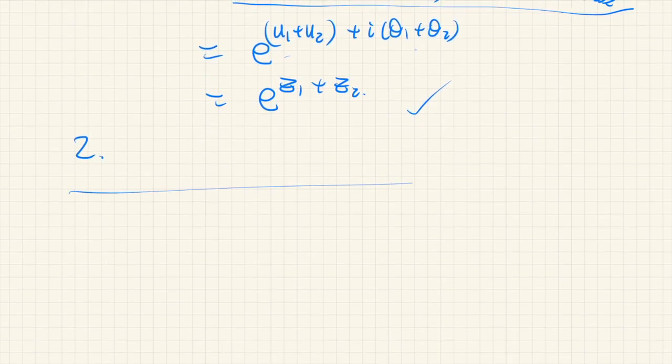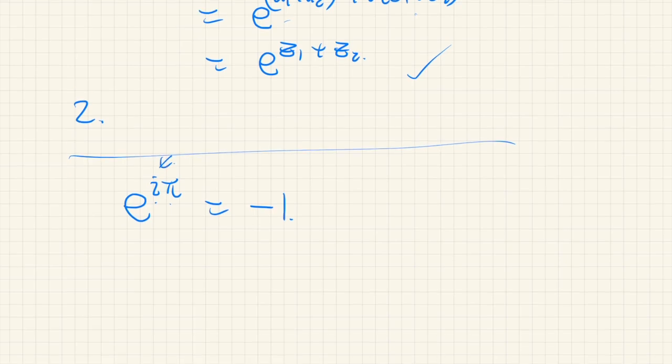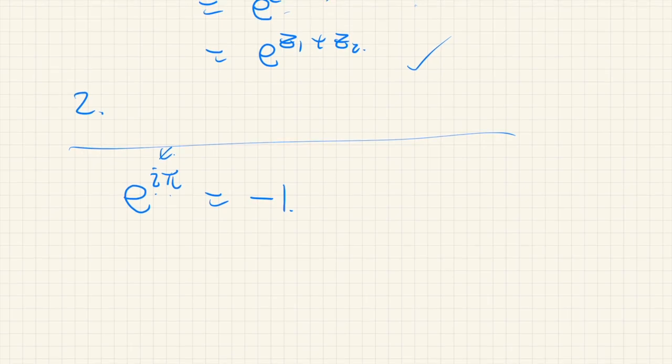Okay, so anyway, let's see a few examples. And first of all, from the definition, we have this famous formula. It's Euler's formula: e to the power of i pi is equal to -1. Of course, i means the imaginary unit. Let's see this more explicitly.